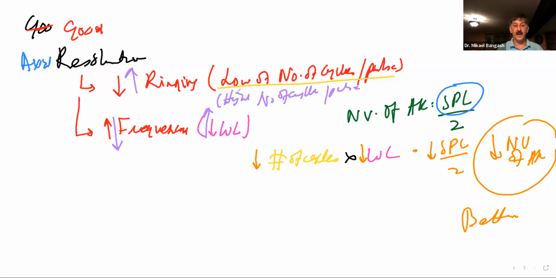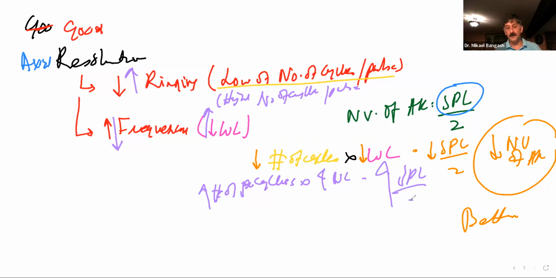Now, when you take this great number of cycles and multiply that by a great wavelength, what do you get? A great spatial pulse length.